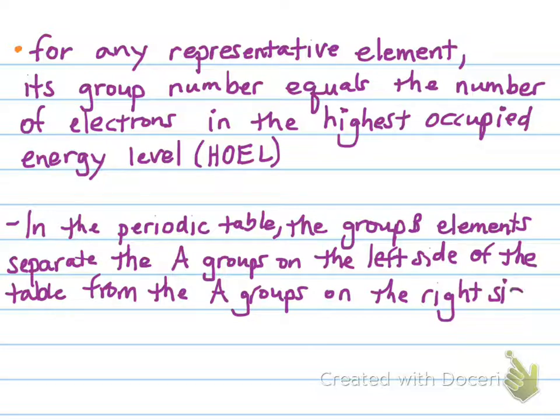So basically all I'm saying here is the B groups, which are the short columns of the periodic table, they're stuck in between the tall groups.